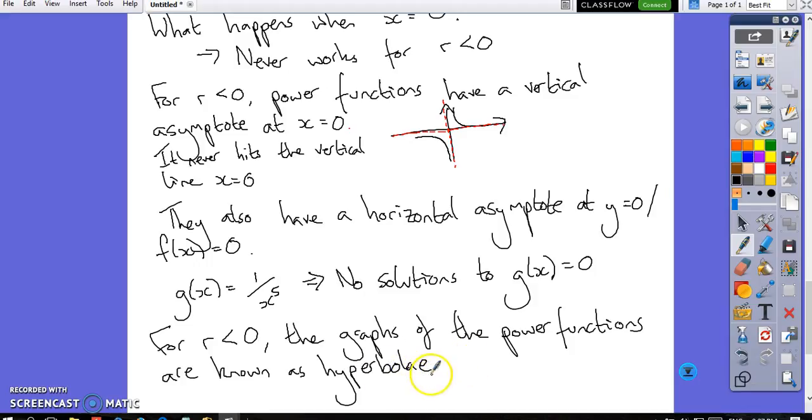And that's the plural of hyperbola. You won't hear the plural very often, you're much more likely to hear the singular. So these are all hyperbolae, this is a hyperbola.